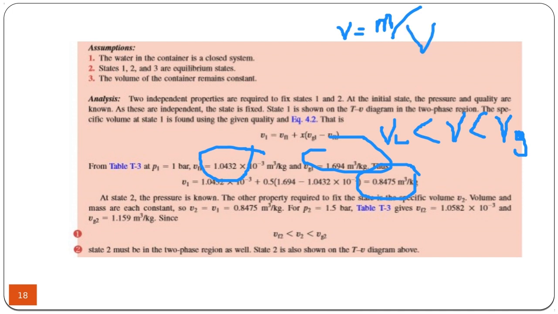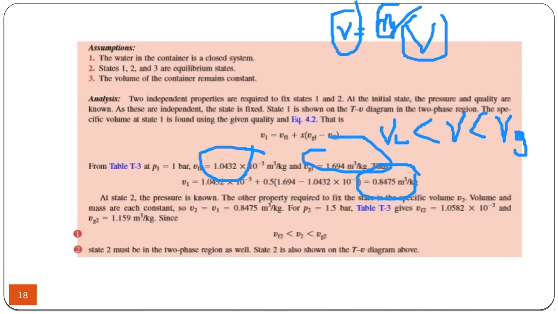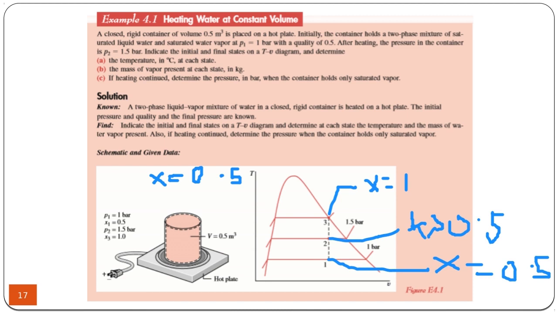Mass is constant, volume is constant for a rigid container, so specific volume is constant. This specific volume must be the same for the second state. In the second state, we have a higher pressure, but still the same specific volume.